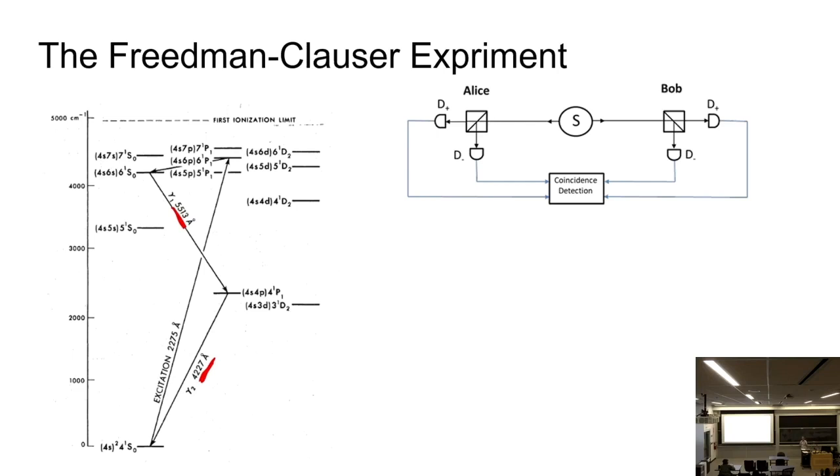So the experimental design is shown here. We have Alice and Bob. We have our source that's generating these two photons. And we're going to send each of them in opposite directions. And Alice and Bob both have two-channel polarizers.